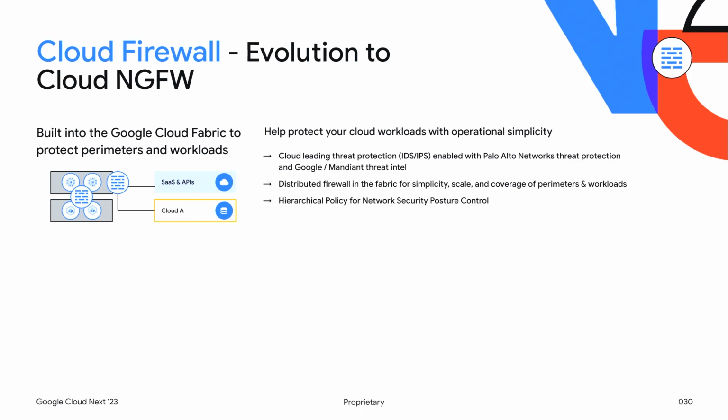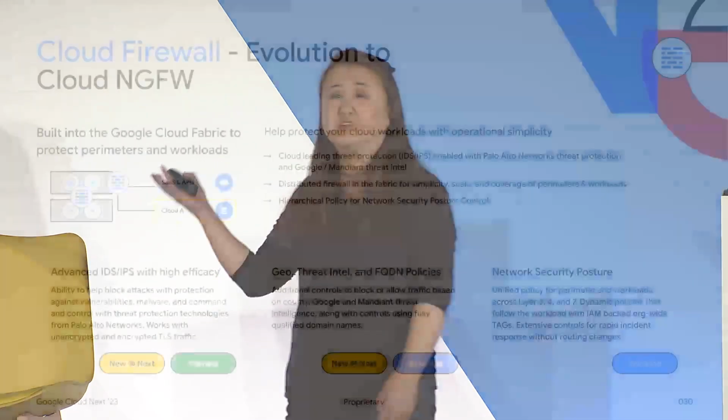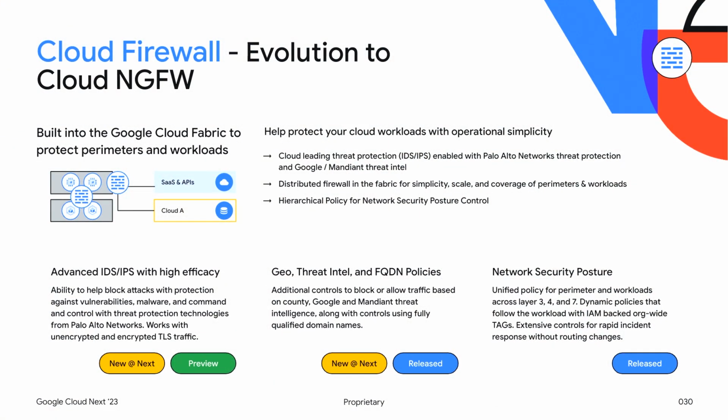Cloud NG Firewall provides unique hierarchical firewall policies that can be applied organization-wide. So it could be applied globally across your network and application layers, and it provides a consistent network security policy control for you. There are some innovations that we put in this Cloud NG Firewall. I talked about IDS and IPS.